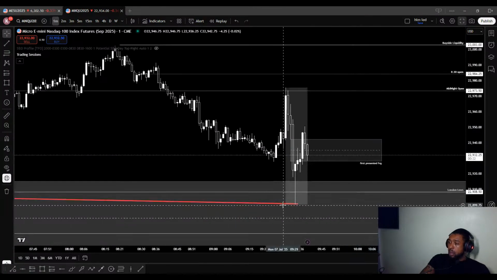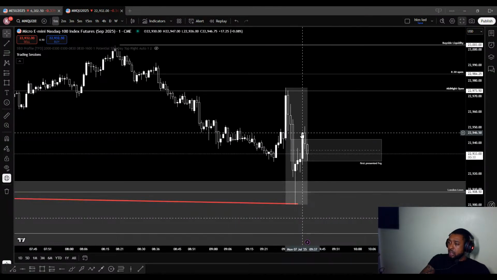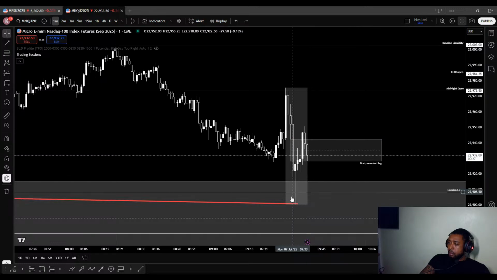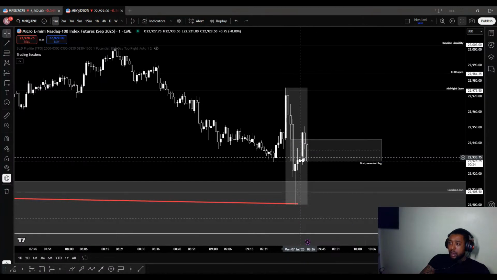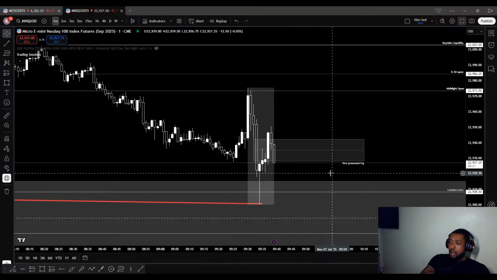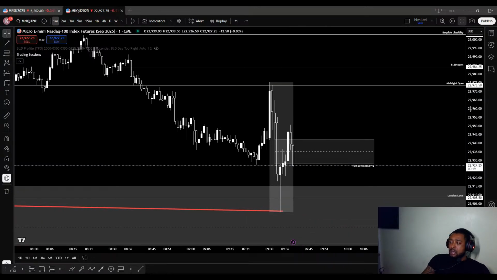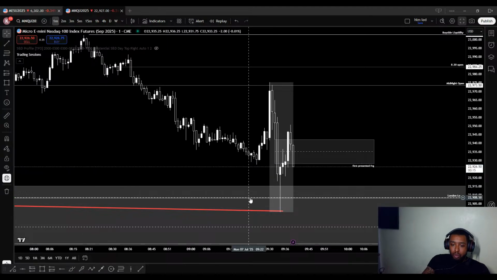Because before, off this one SMT, you see how it closed above. So we just got basically SMT and then no change in the state, but we do have an inverse fair value gap being used. I would have gotten in just because of that. But because of the experience I've been having, I understand that sometimes it's going to take a little bit longer, right? It's just not going to run right away.